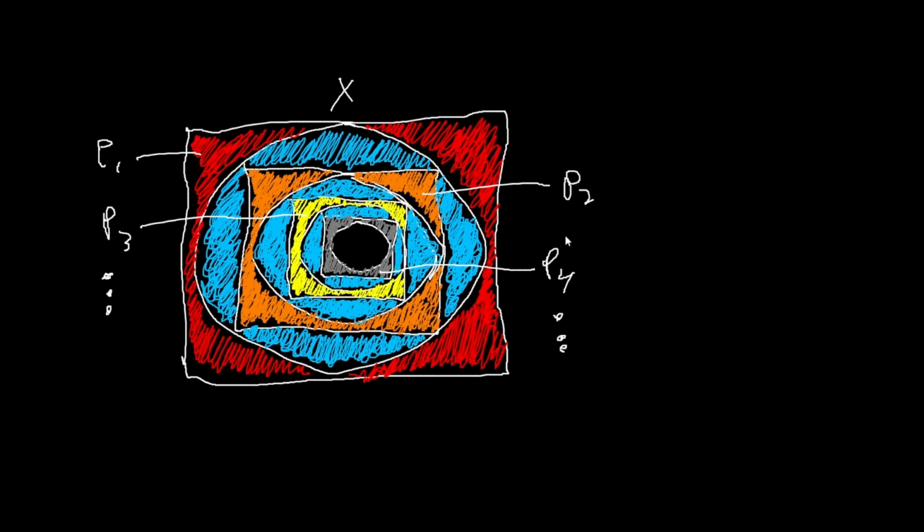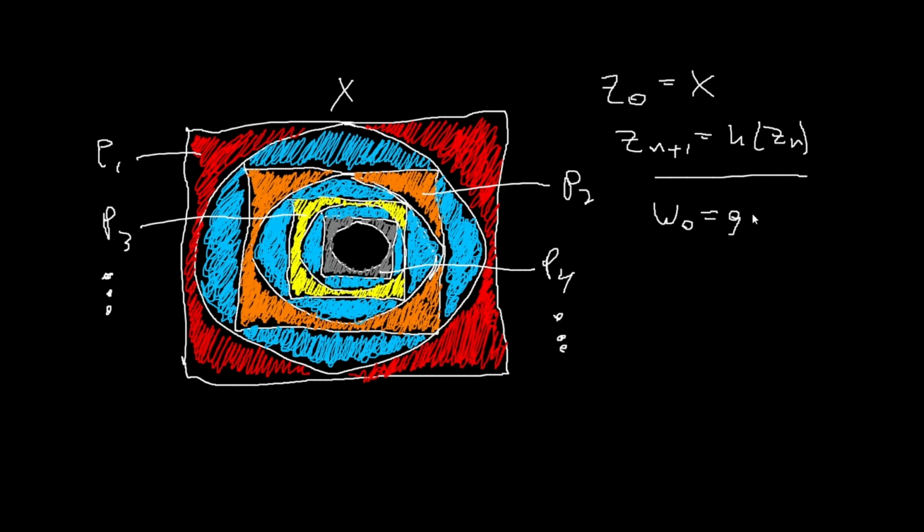Now some other things are in order. I'll define Z naught as the set X, and then inductively Z n plus 1 as the set h of Z n. Then I'll define W naught equals g of Y, and then inductively the set W n plus 1 will be h of W n, like so.